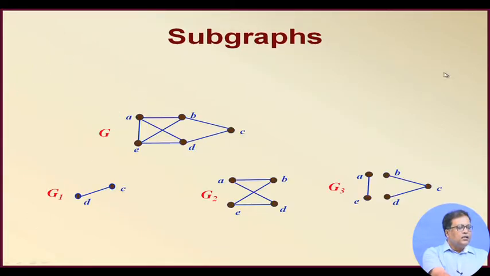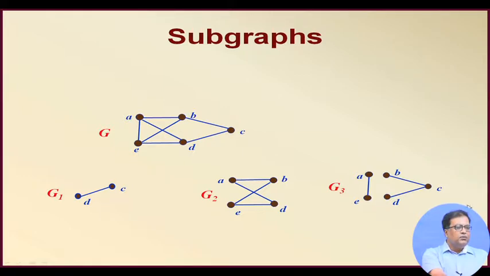Now, this is another example of subgraphs, right. So, if you look at this particular graph G, then you can see that it has got one component here which is G1, maybe this is another component G2, and this is also another subgraph, because this and this. So, all of them are called subgraphs.